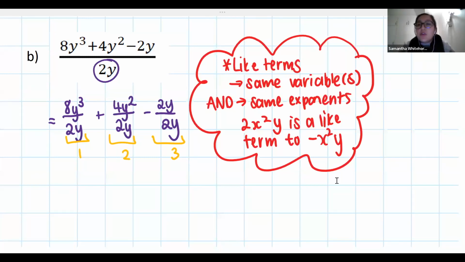There should be no fractions in your answer. All of these simplify to non-fraction terms. So that's the hint I'm giving you. Might be helpful, might not be. Hopefully it is.